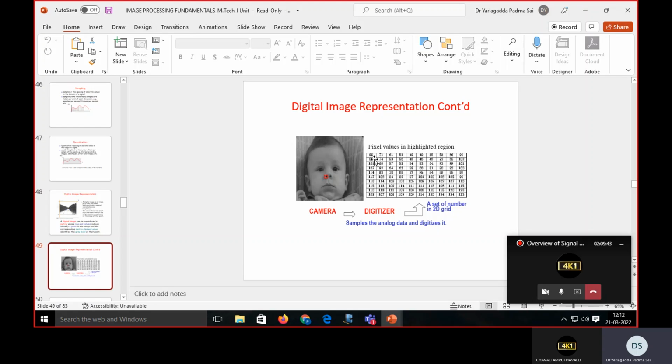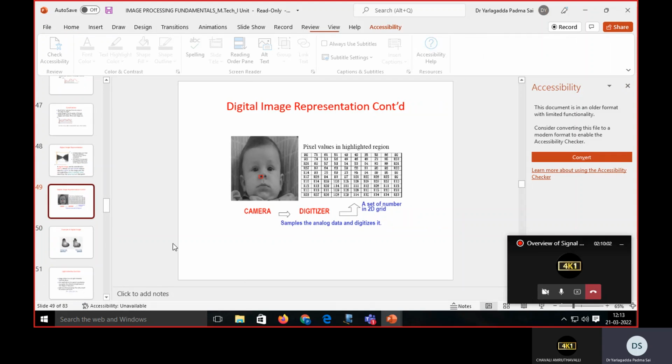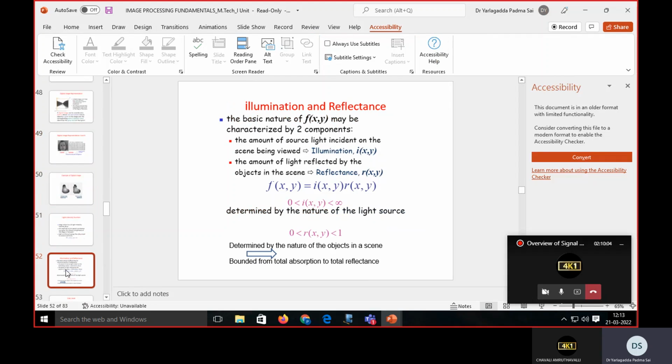If it is white, it is 255; if dark, 0; in between are some values. For example I am using n by n, my matrix of rows by columns is n by n size. This is the representation of my image. So already I mentioned f of x y is i of x y into r of x y.